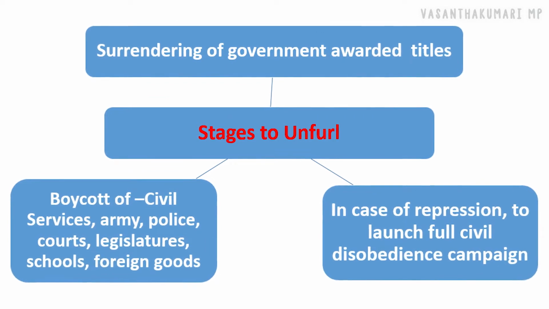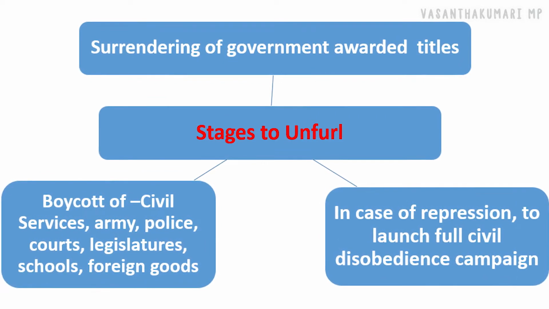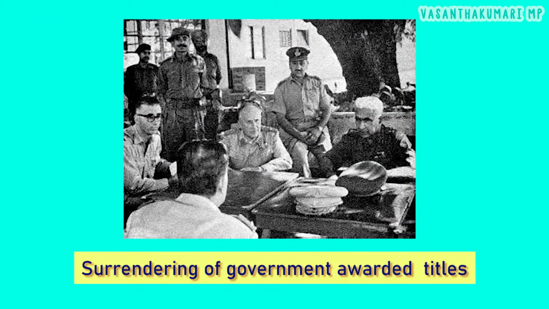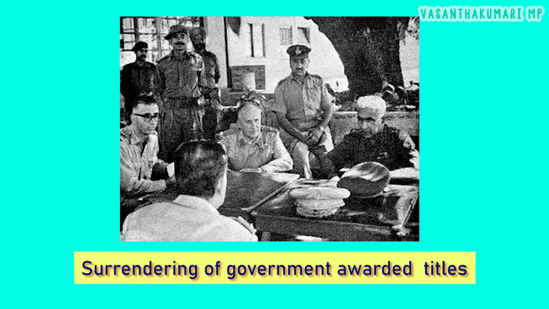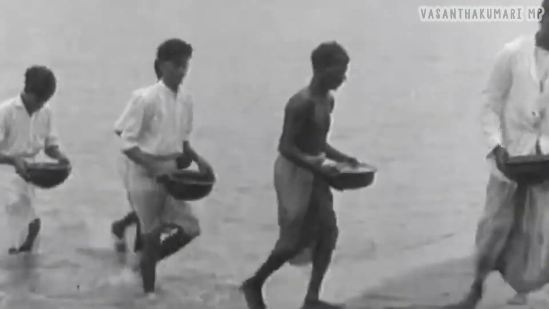Gandhiji decided to unfurl the non-cooperation movement in different stages. First, by surrendering the titles awarded by the government. For example, Sir, Bahadur, Rai Bahadur: all these were titles given by the British government to different Indians based on their social status, but all such titles given by the British were to be surrendered.